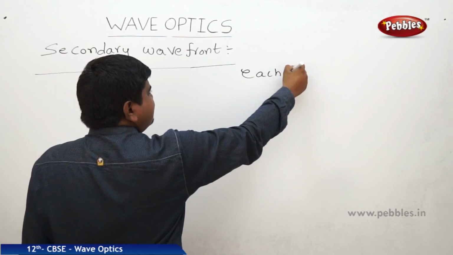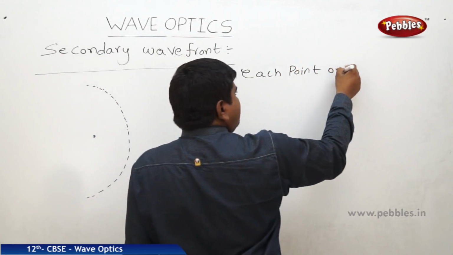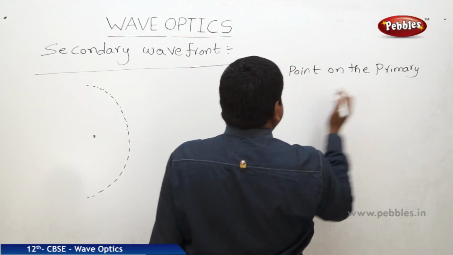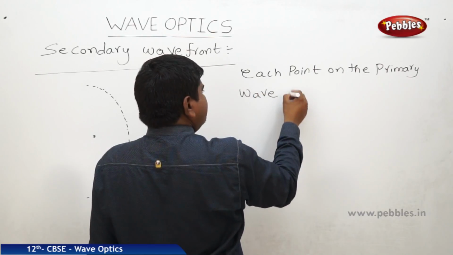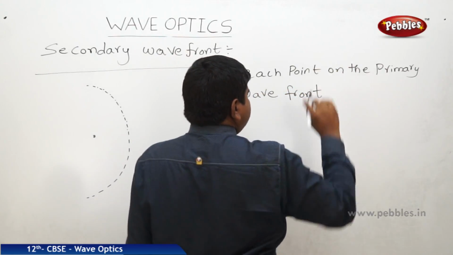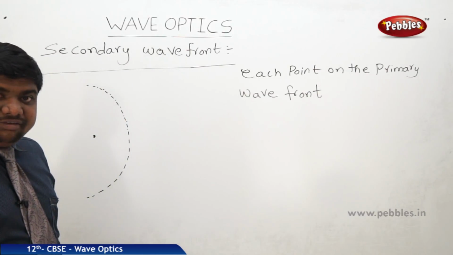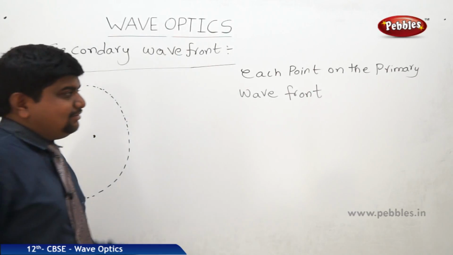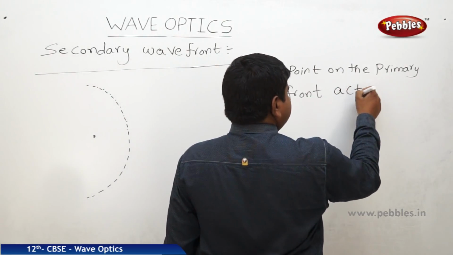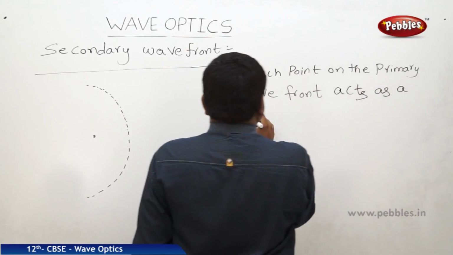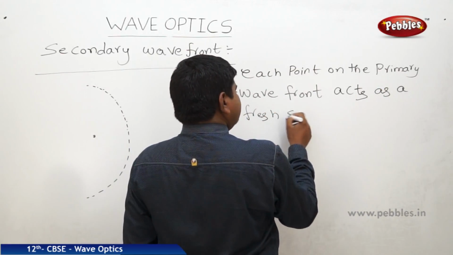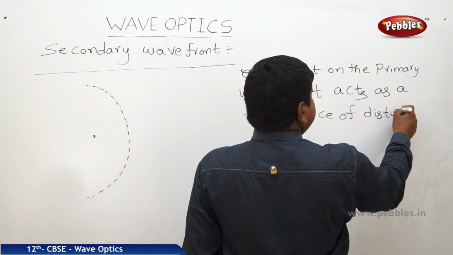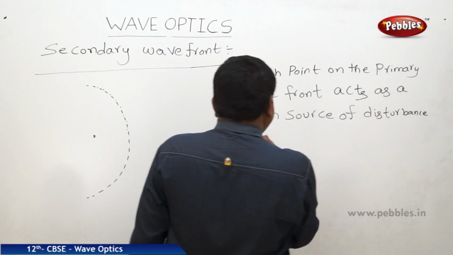Each point on the primary wavefront acts as a fresh source of disturbance for the next level.